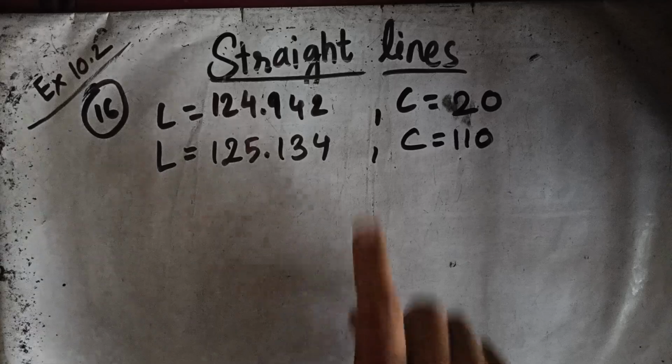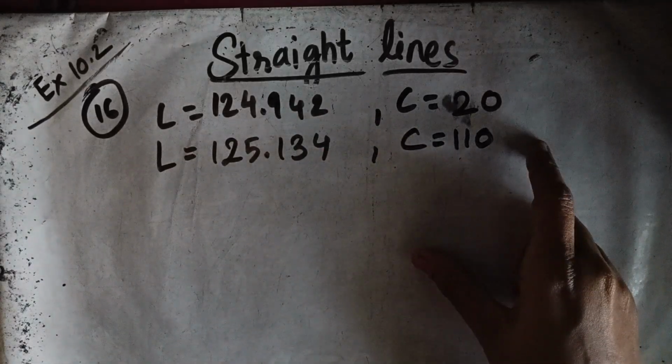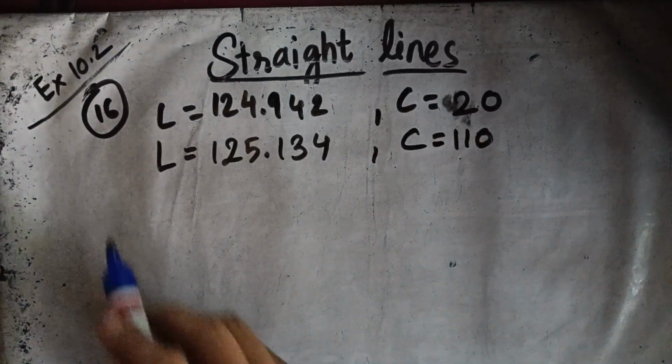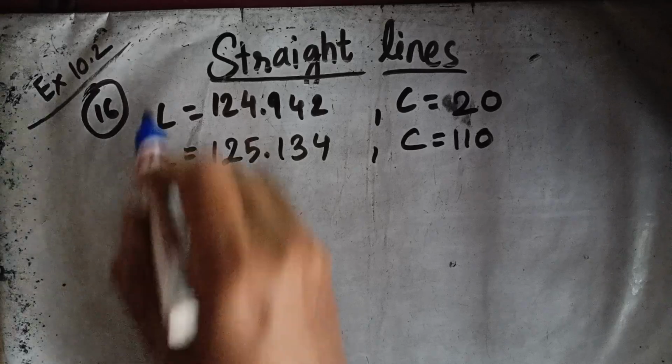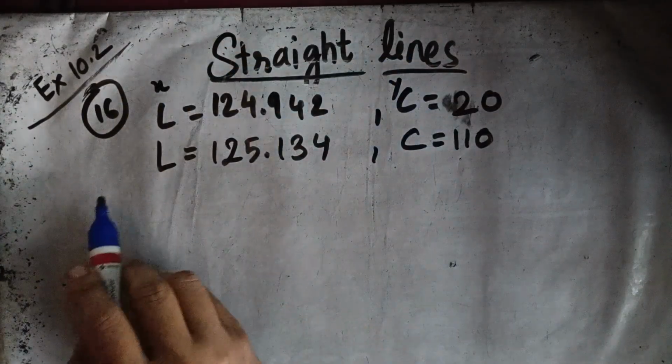Okay. So here 2 points are given. This is the 2-point form. Okay. So we can write the equation of a line using the 2-point form. So this is your x and this is your y. Okay.